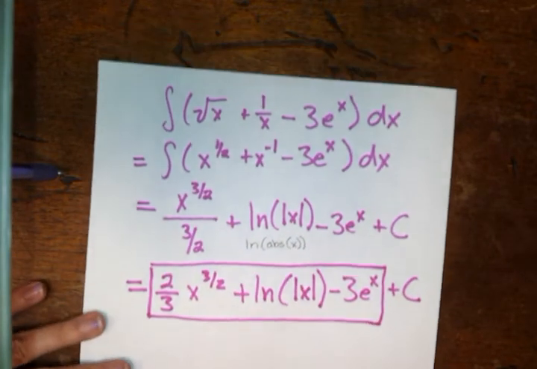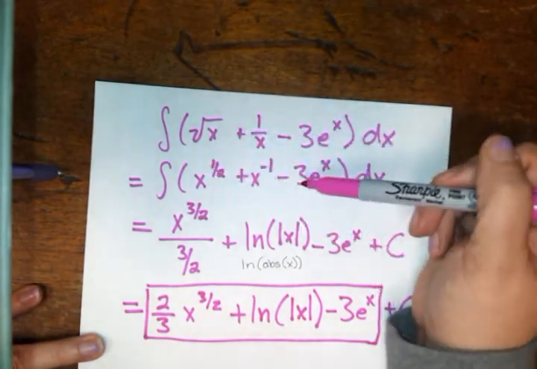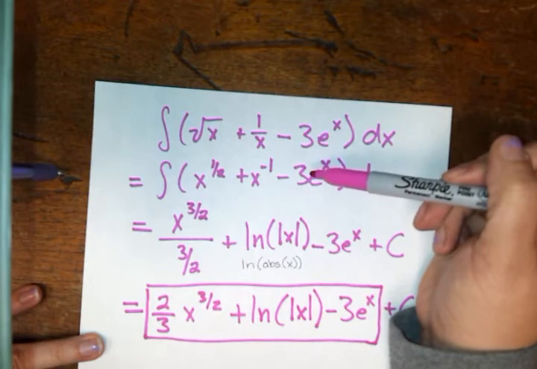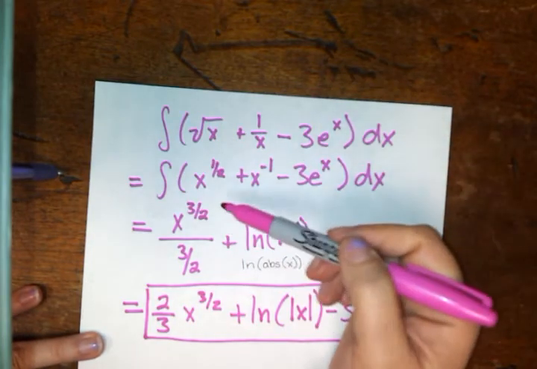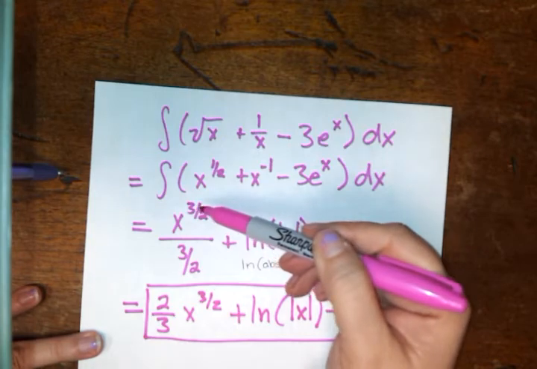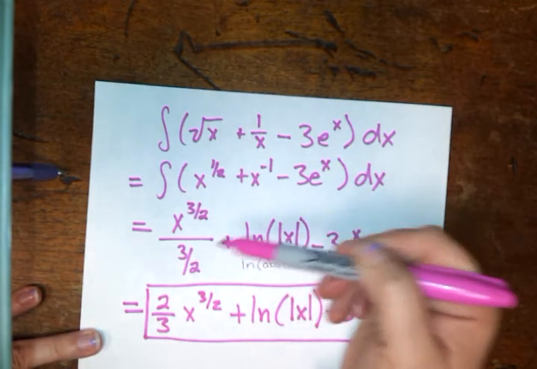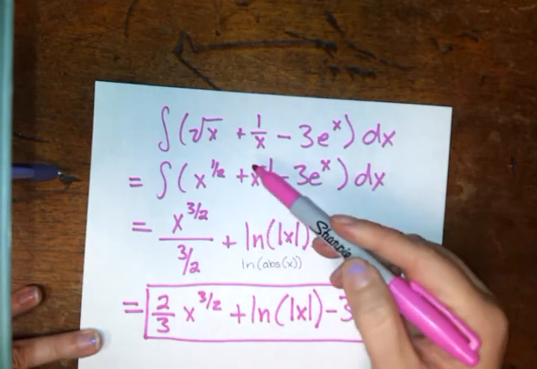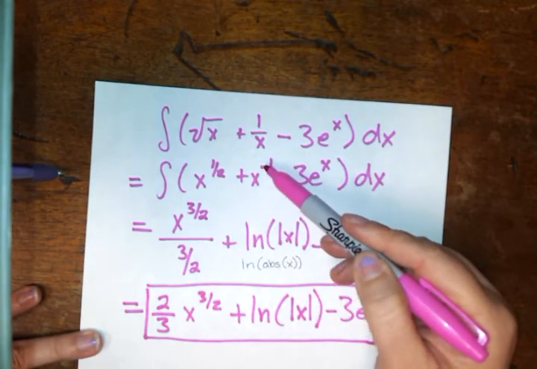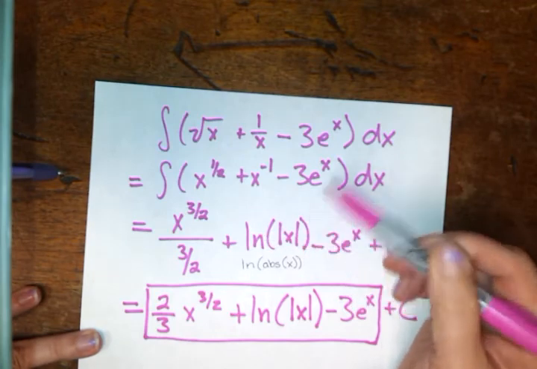Okay? So we rewrote it to make it a little bit easier to see which integral rules we were going to be using. And then for x to the 1/2, I added 1 to the exponent. That gave me 3/2, which meant I also had to divide by 3/2. And then I added the integral of x to the -1 power, which is the natural log of the absolute value of x.